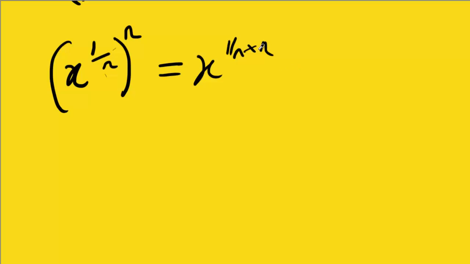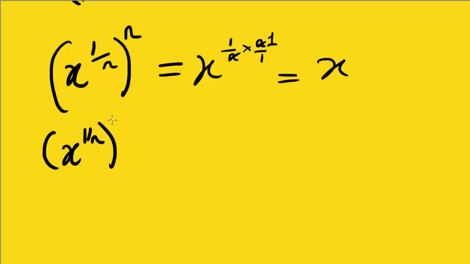Well, let me make this clear. 1 over n times n is the same thing as n over 1, which is what? X. Because this goes here and this is 1. So keep this in mind. You had x to the 1 over n. You wanted to go to just x. You raise the original term to the power of the denominator of the power. Again, this is 1 over n. So that's an important rule.